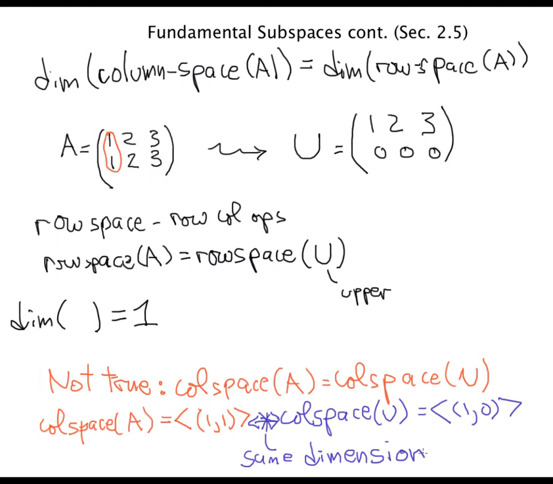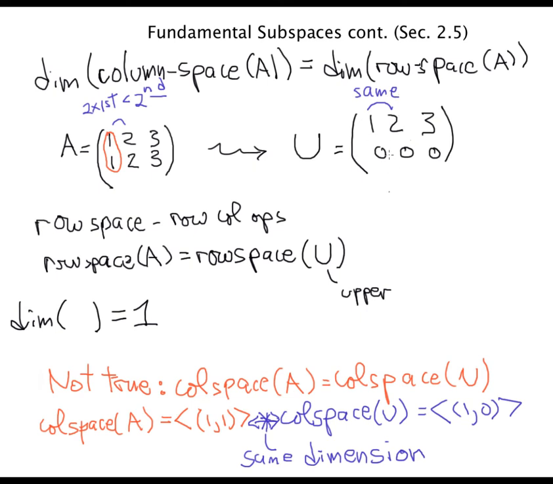And the reason is that the way you figure out the dimension of the column space is you look for whatever linear relations there are between the columns. And what's true here is that 2 times the first column is equal to the second. And of course, 3 times the first is equal to the third. And that's still true here.